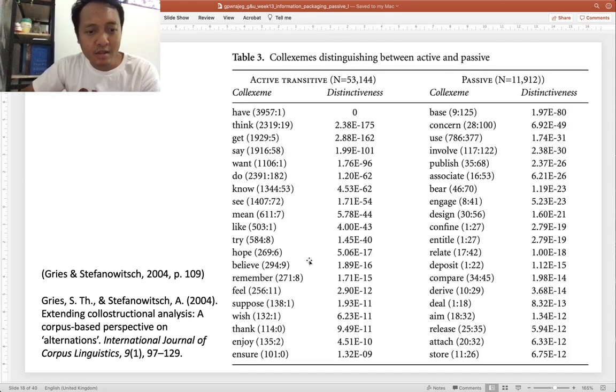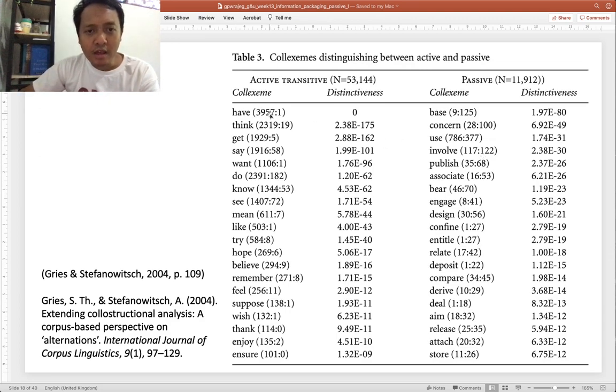Let's see some data. This is a study by Stefan Gries and Stefanowitsch. One of their studies includes comparing the preference of verbs in active and passive constructions, and I'll try to simplify this brilliant work. If we see here on the left, these are all verbs that are much more frequent, statistically speaking, in active compared to passive. Meanwhile, all of these verbs are significantly more associated with the passive structure.